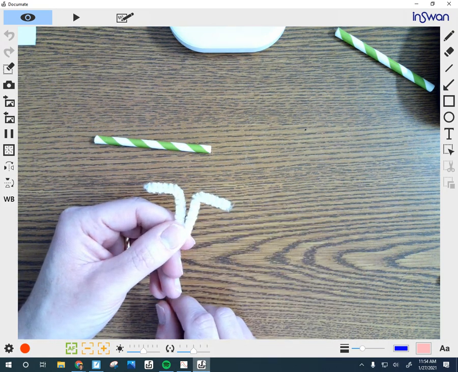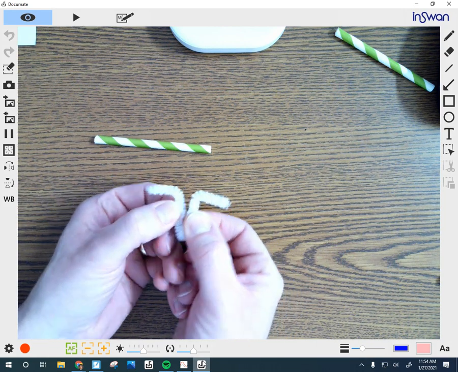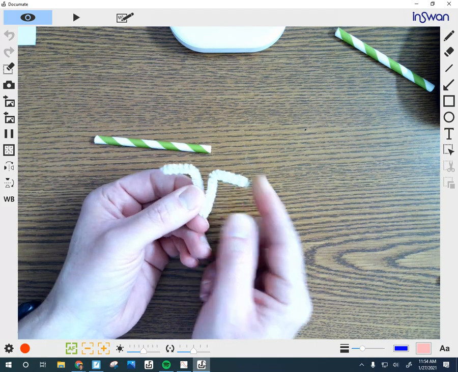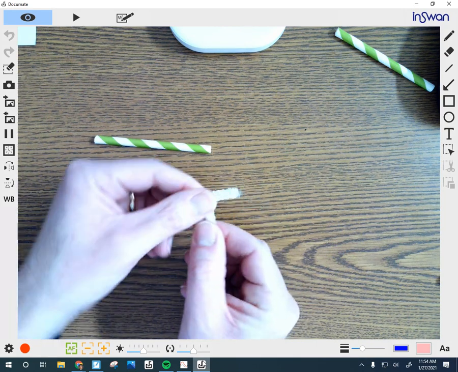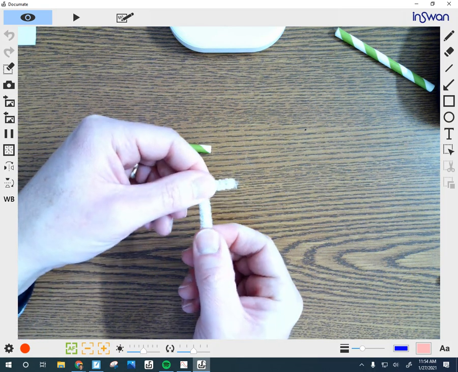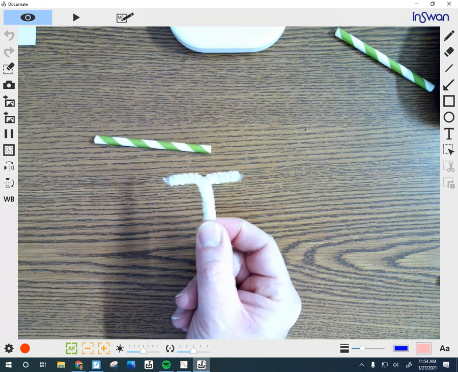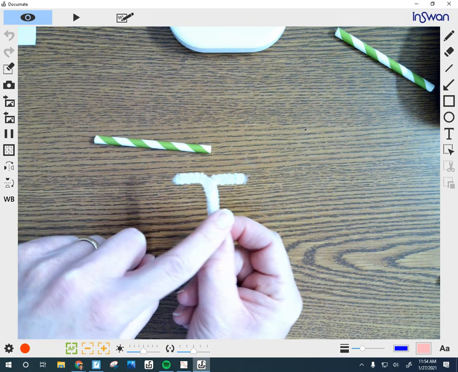Okay. So I've got my folded part, and then I've got a 90-degree bend. If I pinch it shut again, now you can see it's kind of T-shaped, and I can put a straw here, here, and here.